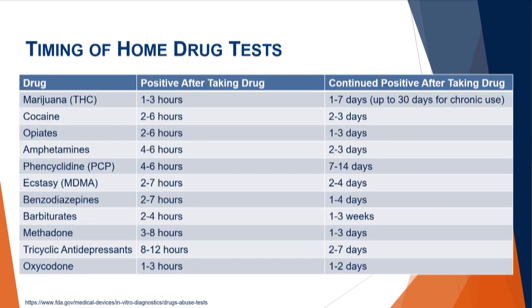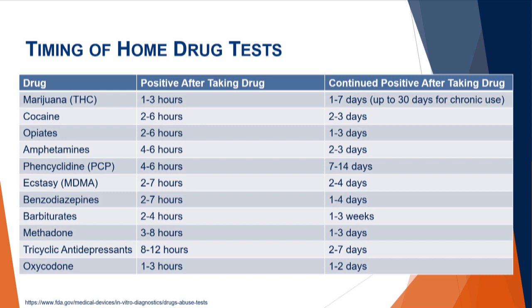The table here highlights the importance of timing with home drug tests. On the far left, you see the drug or drug category or drug class of the substance of abuse. In the middle column, you see how soon after taking a drug that a test result will be positive.